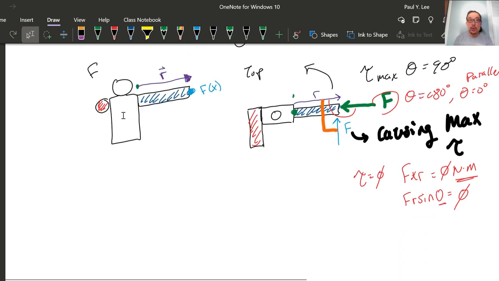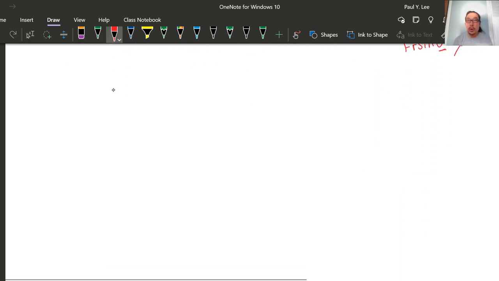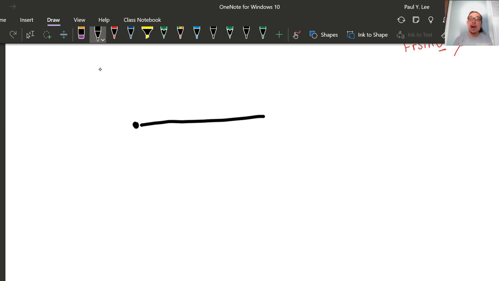All right, let's do a different example. So let's say we have a bar, and that right there, that's my axis of rotation for the bar. Okay. So if we are going to be using our right hand rule here, in this case we can use clockwise or counterclockwise, but we can also describe the torque using the right hand rule.